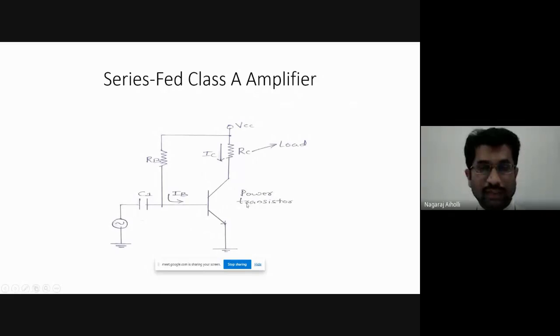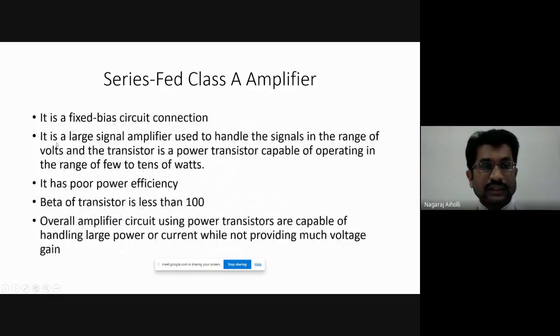The base current that is flowing is IB, the collector current is IC, right? The capacitor that is connected to the base terminal is C1. This is called as coupling capacitor. It is a large signal amplifier which is handling the signals in the range of volts.